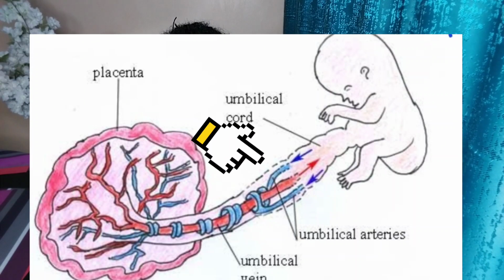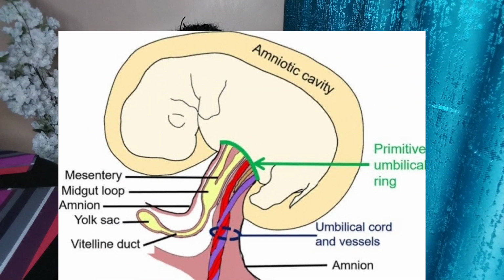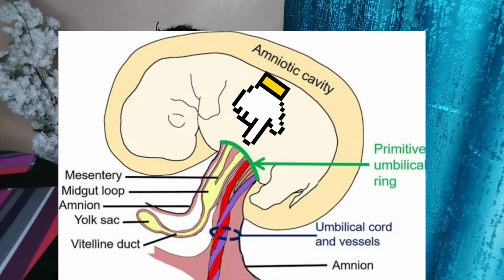And by the 7th week of gestation, when the unborn child is still in the uterus, these 3 structures, that is the allantois, the body stalk, and the vitelointestinal duct, are going to emerge through the abdominal wall of the fetus, and they are going to emerge through a small opening called the umbilical ring, as the structures composing the umbilical cord.